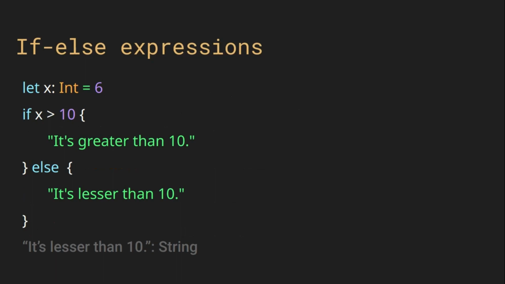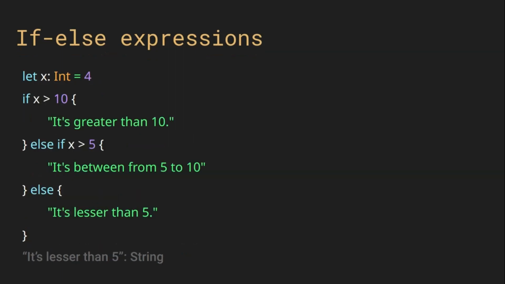Let's say, for example, that you have some variable x of type integer and you want to check out if it's greater than 10. If it is, it will return the first string, and if it doesn't, it will return the second string. In this case, it is false that 6 is greater than 10, so it will return the second string, it's lesser than 10.